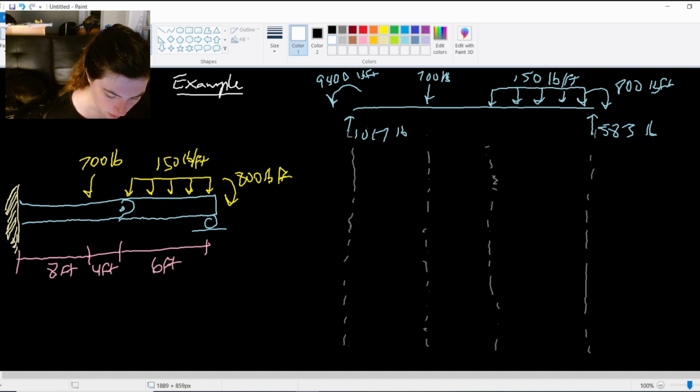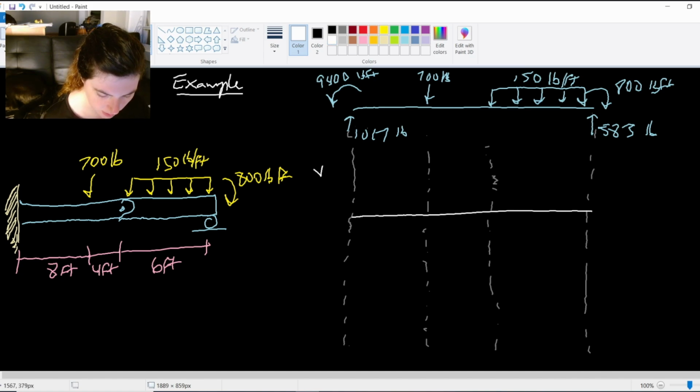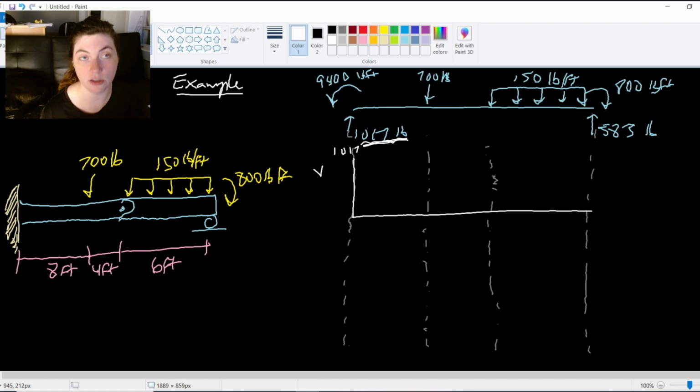So our shear diagram, pop him in here. First thing we notice is we have this 1017 pounds that immediately pops it right up. So it pops up to 1017 and then there's no load until that 700 pound applied force, so straight across.